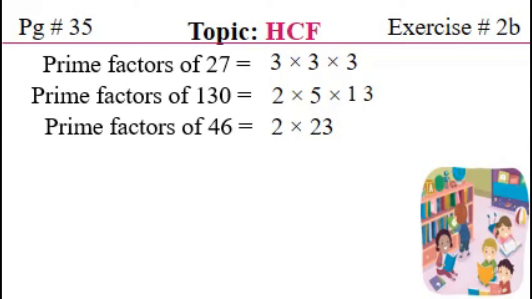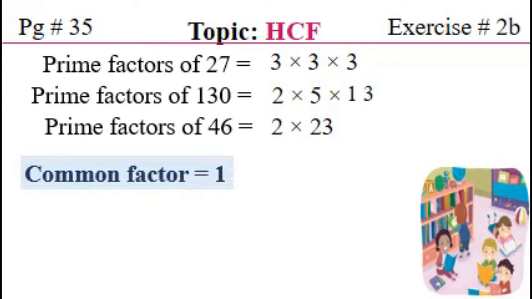But what will be the common factor then? We know that 1 is the factor of every number. So as 1 is the factor of every number, we can simply write that the common factor is equal to 1.